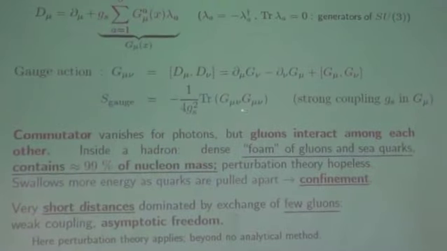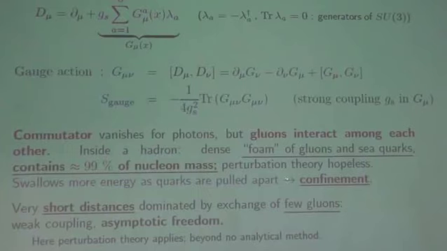So that is different from the abelian case, and this has wide-ranging consequences: the gluons actually build a dense foam inside the hadrons, and this foam makes up about 98 or 99% of the nuclear masses, so of the mass of any macroscopic objects that we deal with.